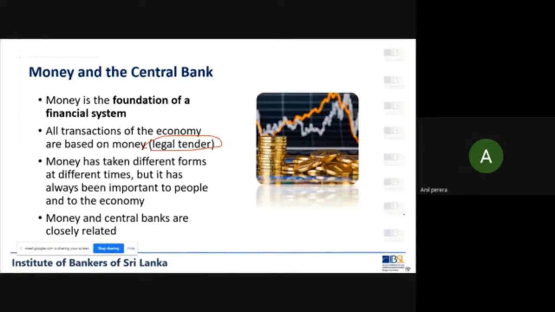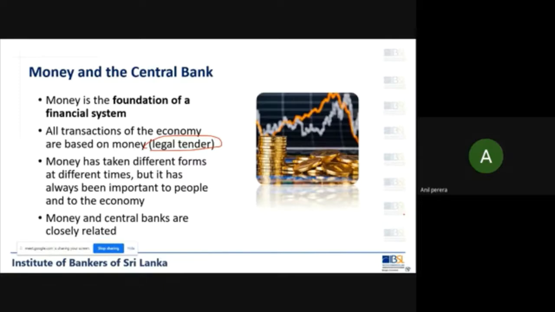In certain periods, it has been a piece of metal in different types, shapes, weightage. In certain period, it has become a paper. Now it has become a kind of a virtual or a computer entry or a storage or a memory.